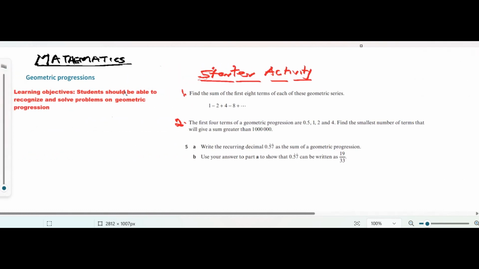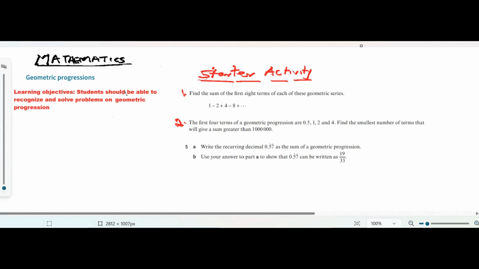In our O-level mathematics or IGCSE mathematics, we are used to number patterns. And in our last episode, I told you when you have a number pattern that we call a sequence, it is a set of numbers that has a specific rule that governs them.